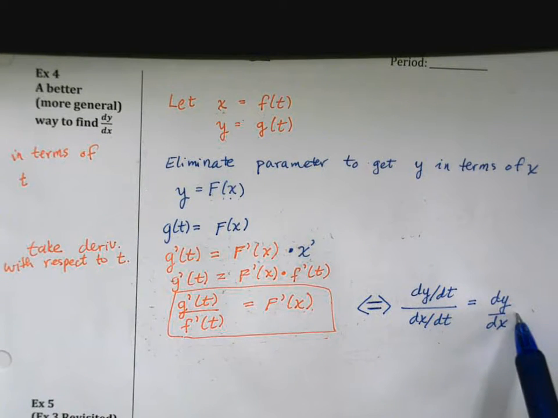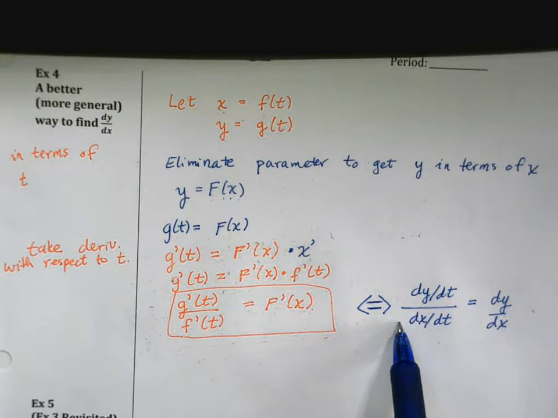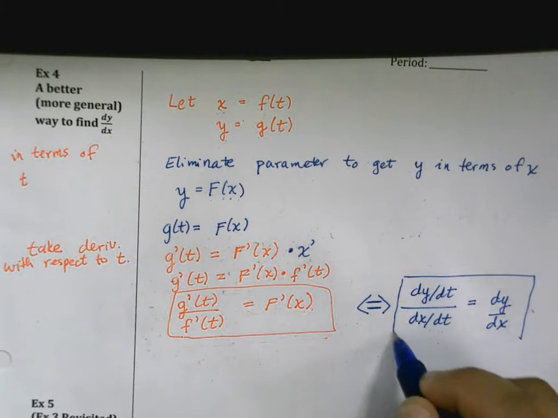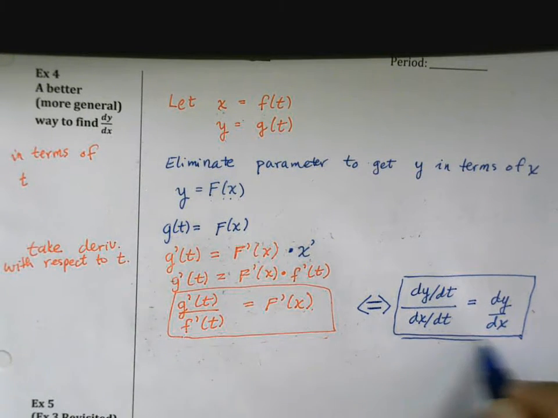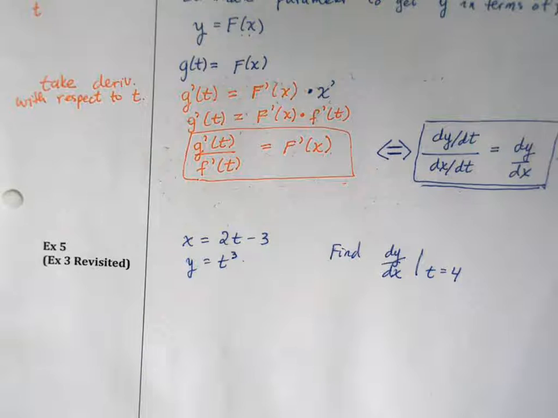And this says that if you want to know the derivative of y with respect to x, you could take the derivative of y with respect to t and divide it by the derivative of x with respect to t. And now I'm going to show you why writing it in this way really helps us simplify a lot of our problems.